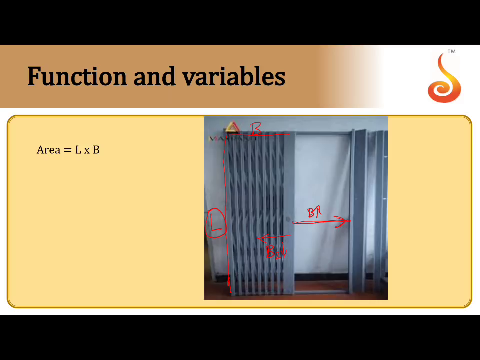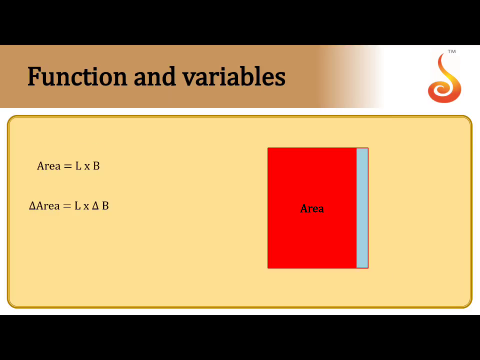So, what happens when I pull this door to the right by a small value? If this is B1, I will pull it to a new breadth B2 so that this difference is very small. It is called delta B. Then this is your original breadth B1.